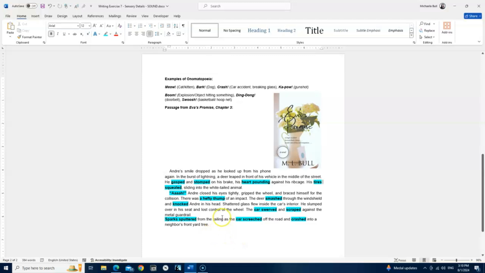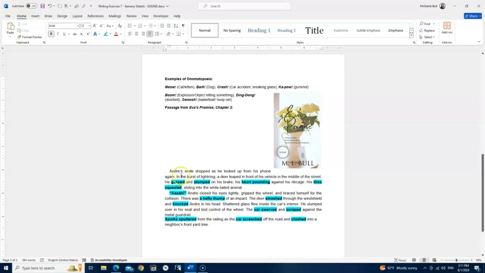So, that is just an example of showing the sense of sound based on my word choices, because that is something that really can help show the sense of sound. How you actually select your word choices.